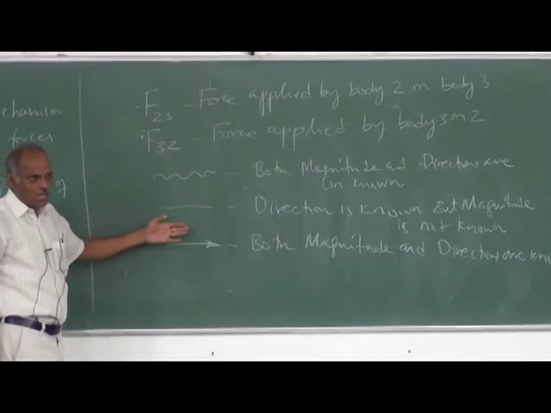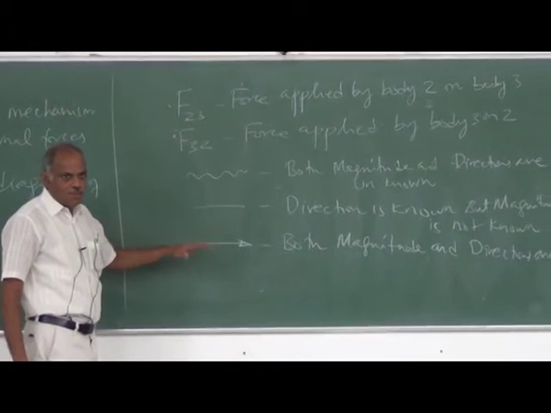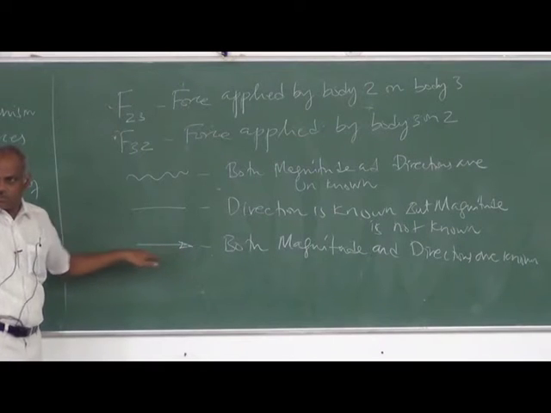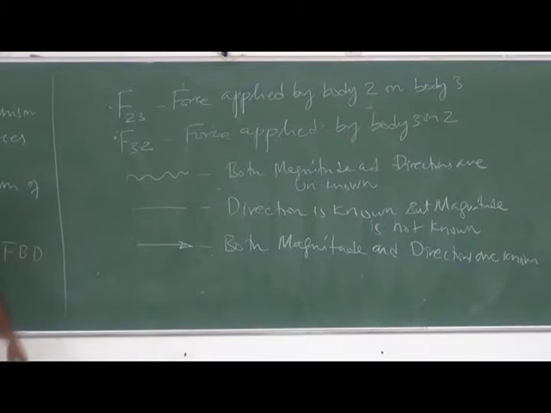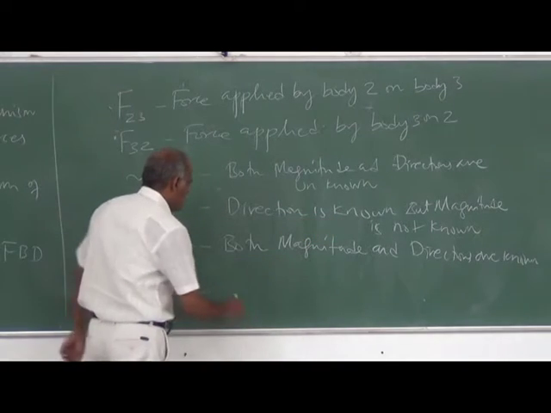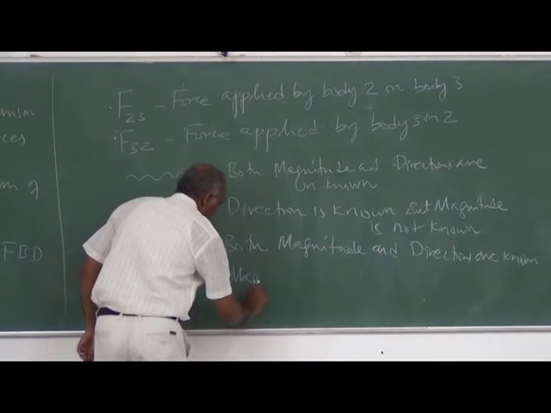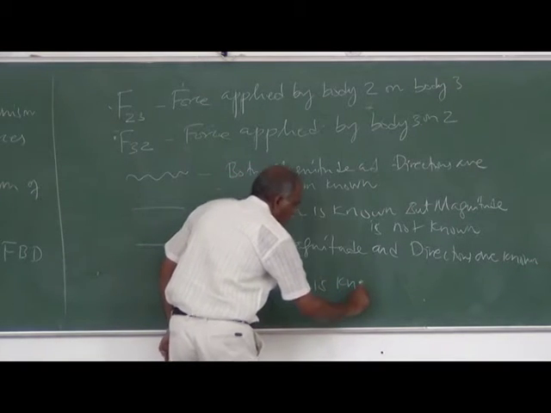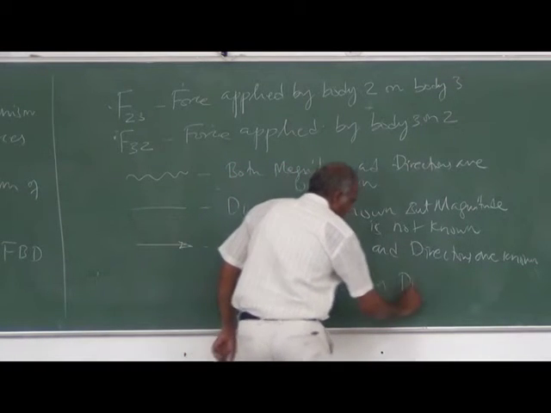Then when you come to know the direction, you put it like this. Then if both are known, you can change the force like this, so that you consistently know these things are known. Okay? But the other case where magnitude is known, direction is not known.